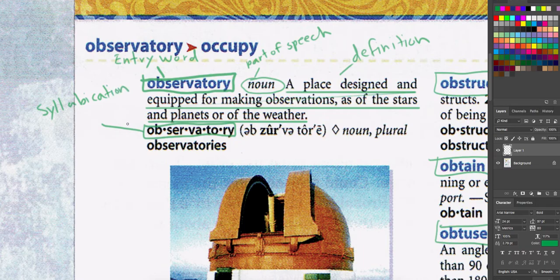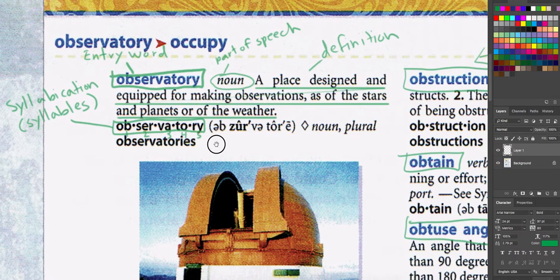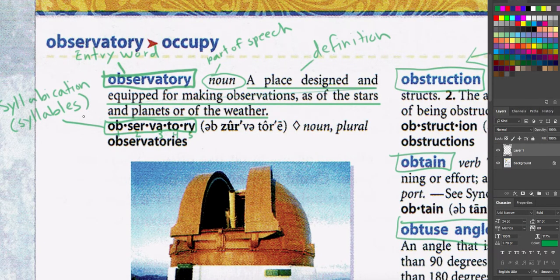If we were to break up the word observatory into syllables, this is how we would break it up. So how many syllables does the word observatory have? It has 1, 2, 3, 4, 5 syllables. That's syllabication. It's when we break words up into syllables.